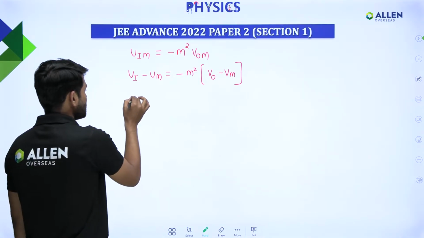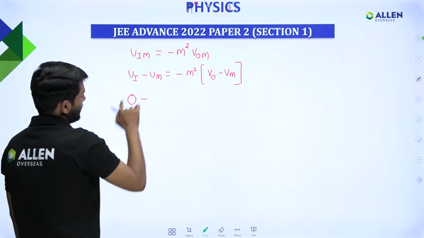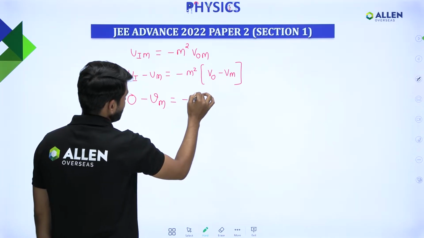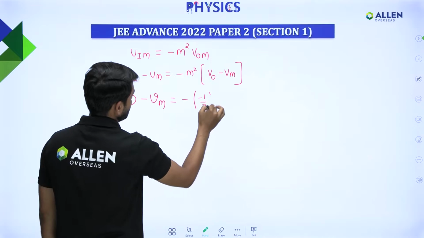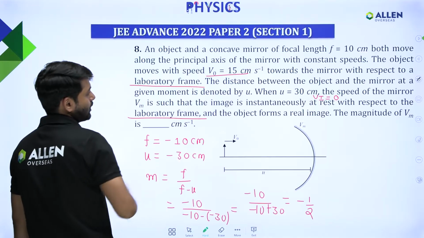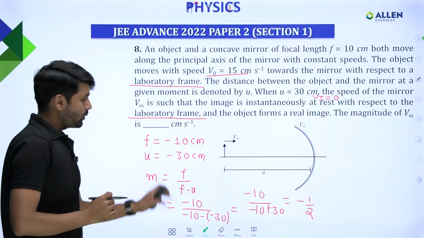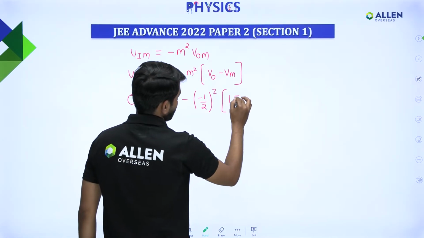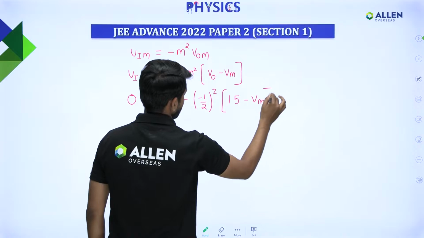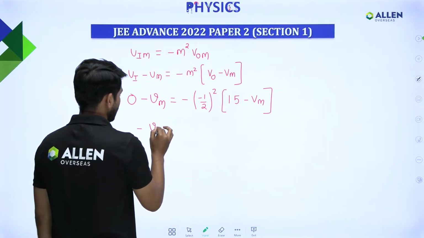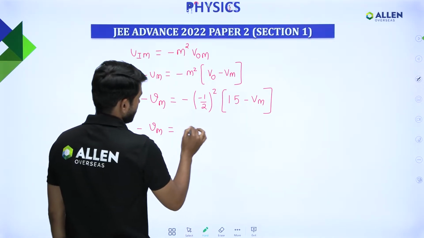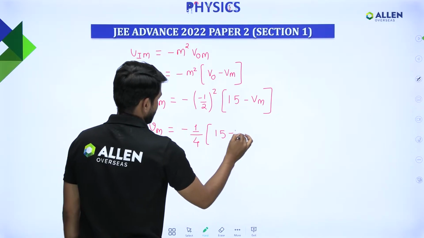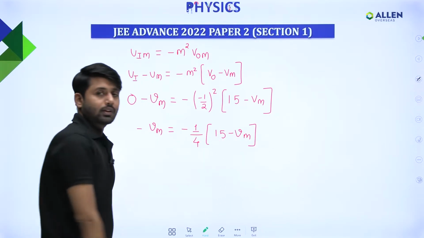So velocity of image at that instant is 0, velocity of mirror is unknown, and magnification is minus 1 by 2, so minus 1 by 2 square. Velocity of object is given 15 centimeter per second and object is moving towards the mirror, so positive 15 minus Vm, right? So minus Vm is equal to minus 1 by 4 times 15 minus Vm, right?